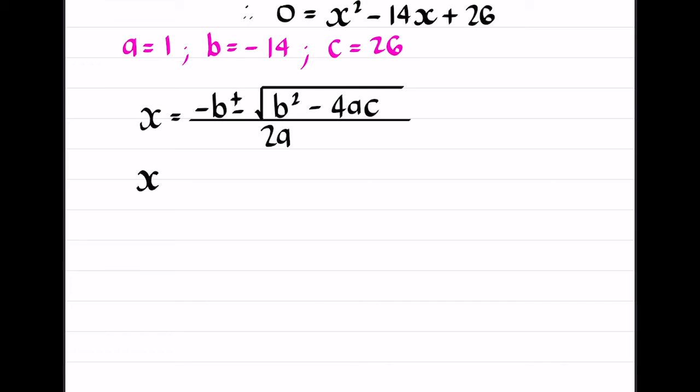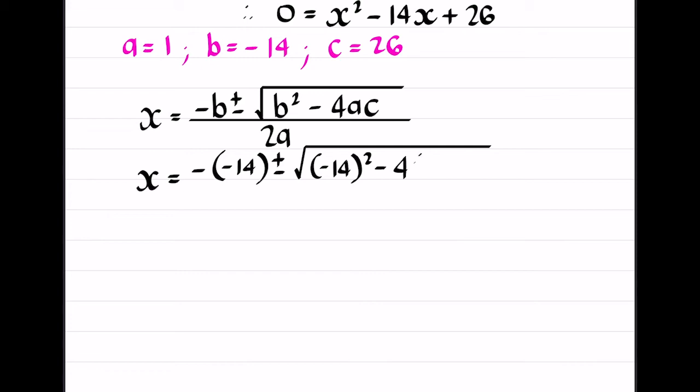So x is equal to negative 14 plus minus the square root of negative 14 squared minus 4 times a is 1, times c is 26.